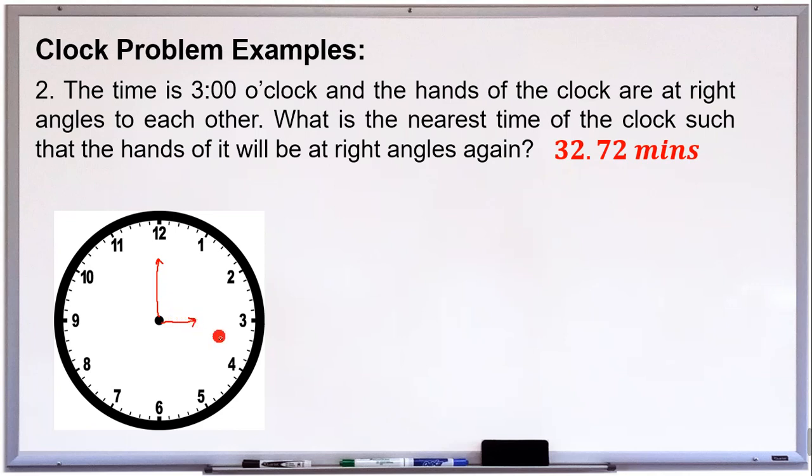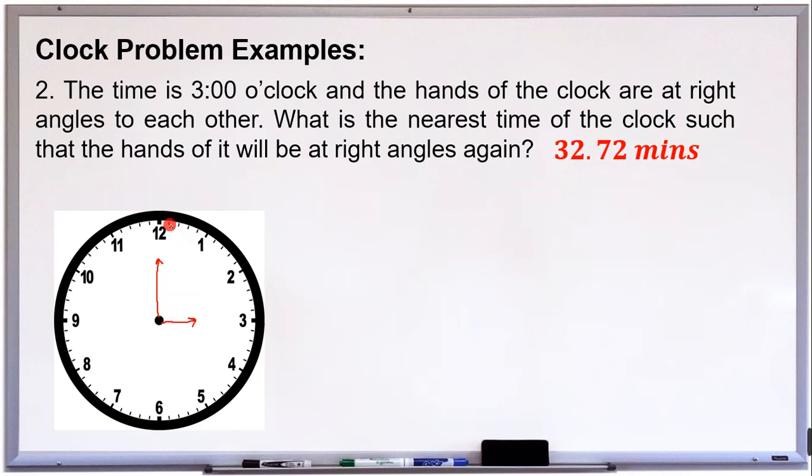So again, we are going to analyze this one. The movement of our hour hand is only limited between 3 and 4. So we need to rotate the minute hand first, such that these two hands will be at right angles again. Please take note of this one. For a right angle, the number of minutes is equal to 15 minutes.